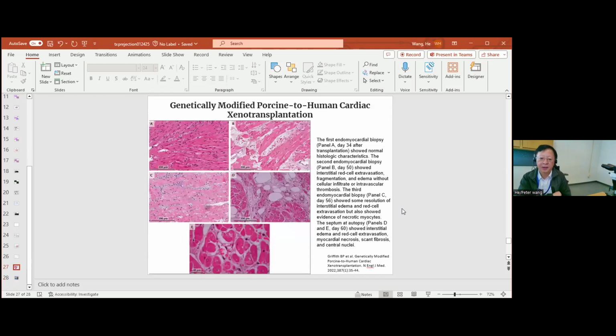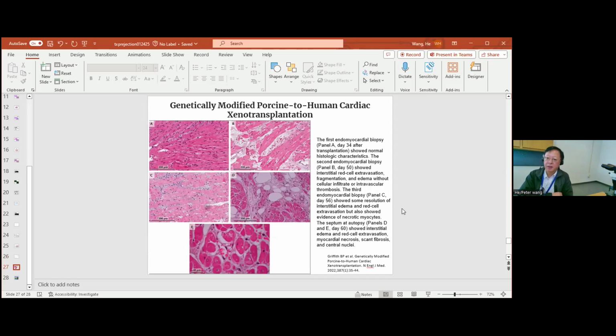So the last item, progress in this area, I think you guys will be interested in, is so-called genetically modified pig to human cardiac xenograft transplantation. We know it lasted for about 60 days, but it is very interesting to see what the biology showed.